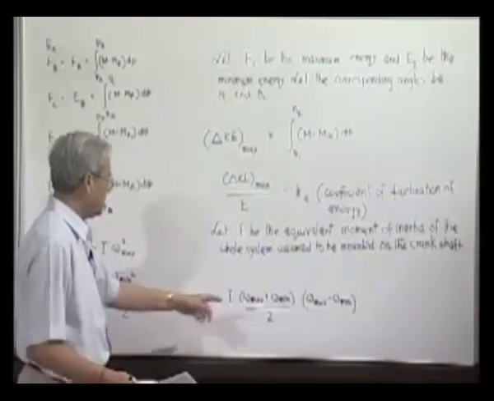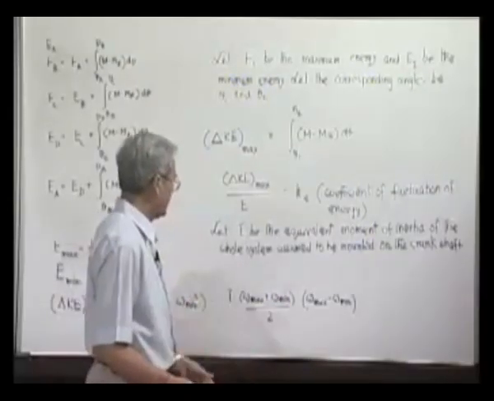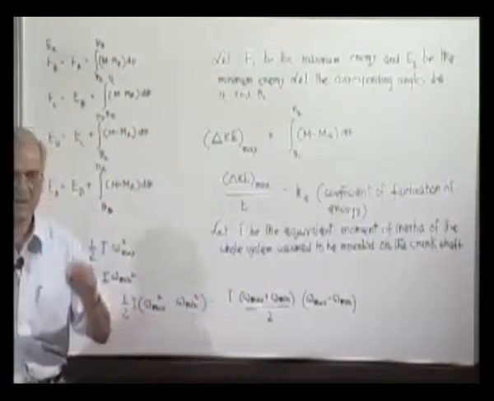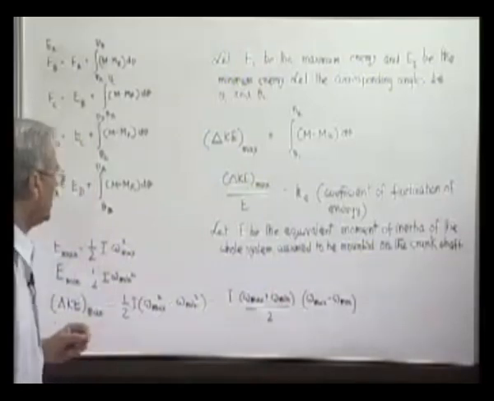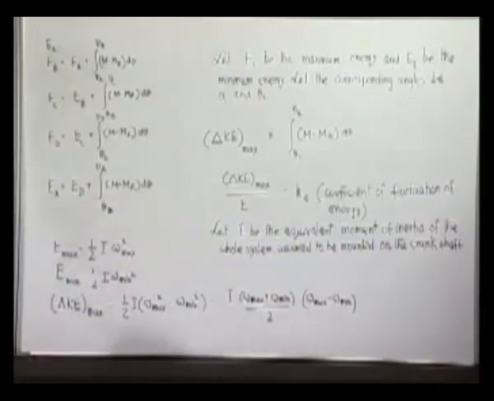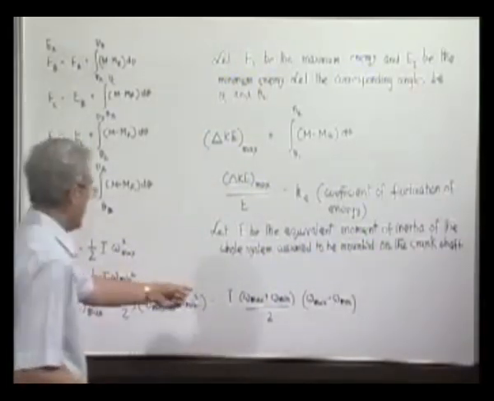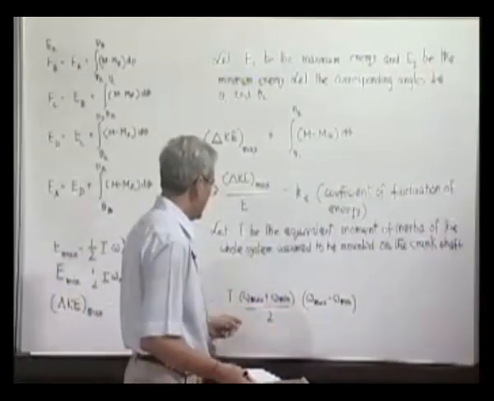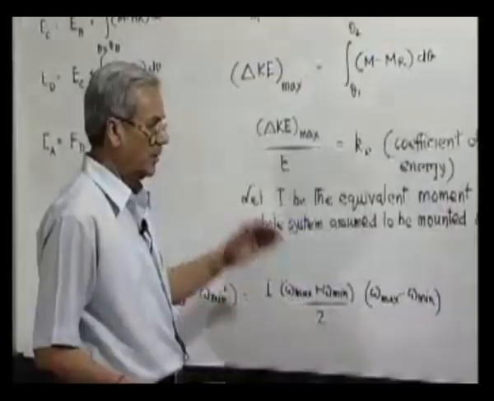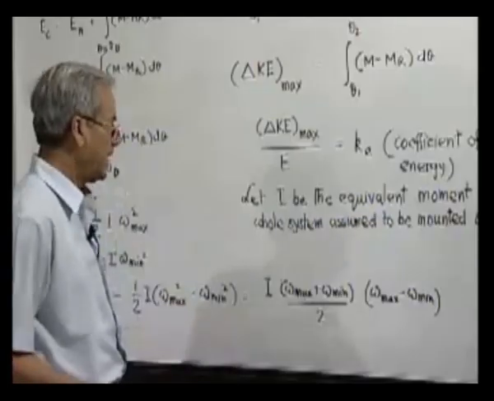What we can do, this omega max plus omega min, their average, in most cases, since the difference is very small, can be considered to be the omega average. So this can be approximately written as omega average, or the average running speed of the engine.